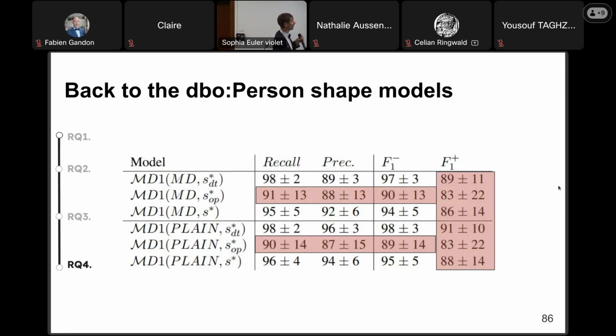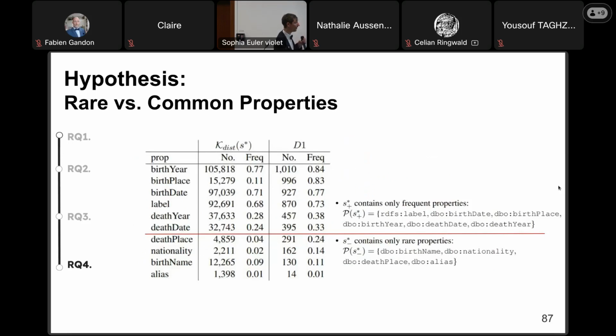And to validate this hypothesis, we now divide our complete shape into 2 new subsets. The first one contains only the frequent properties, and the second subset contains only the rare properties. And we now train models on both subsets of the shape.